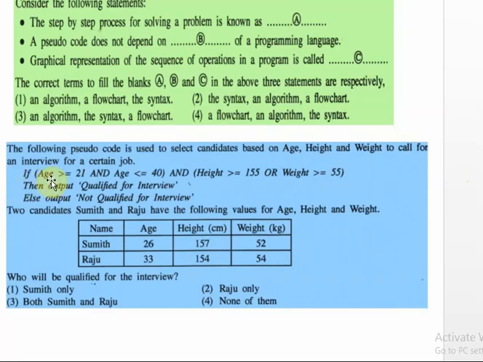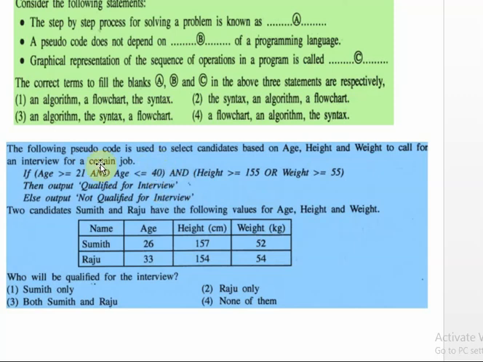if age greater than or equal to 21 and age less than or equal to 40. So here in this if, both should match. It needs to be greater than or equal to 21 and less than or equal to 40. Then we close the bracket.